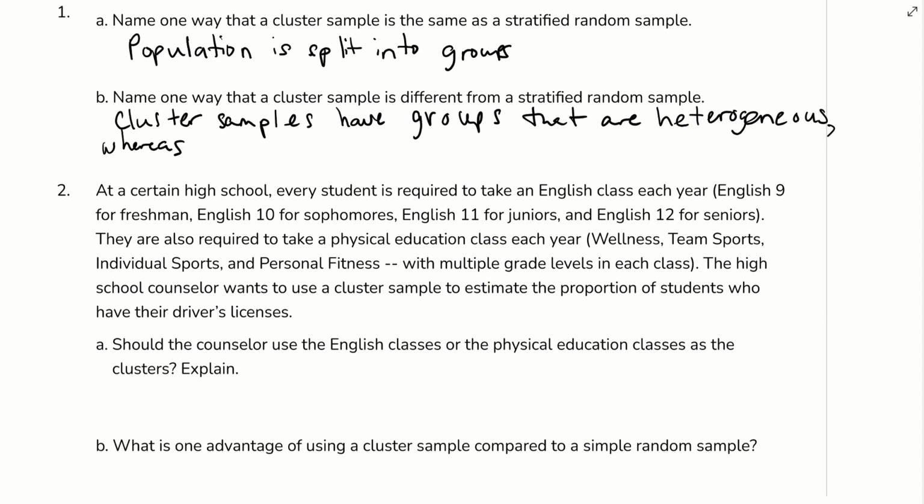Whereas for a stratified random sample, the idea is to make the groups the same, right? So between the groups, there are different characteristics, but within the groups, they're homogeneous.